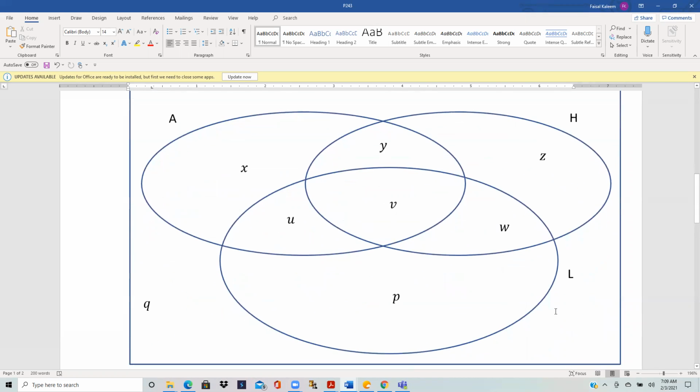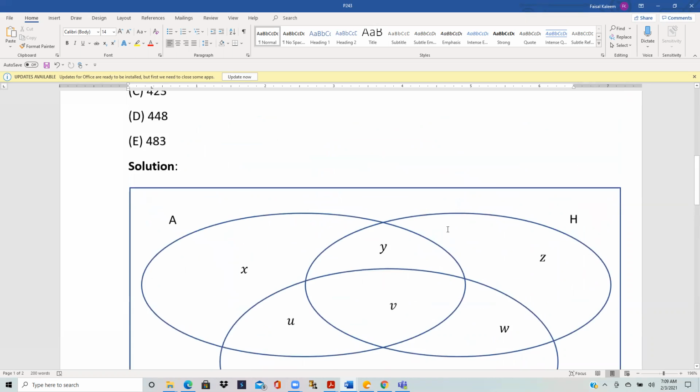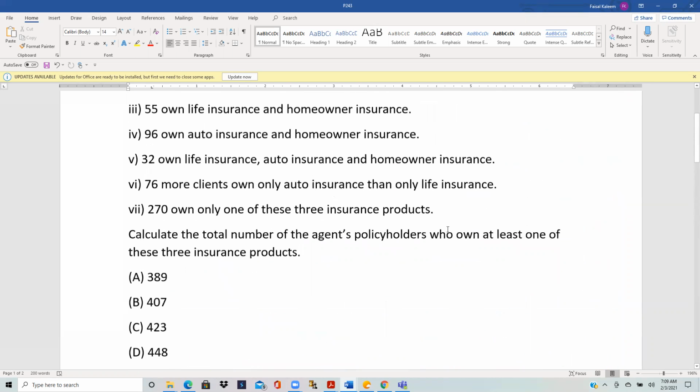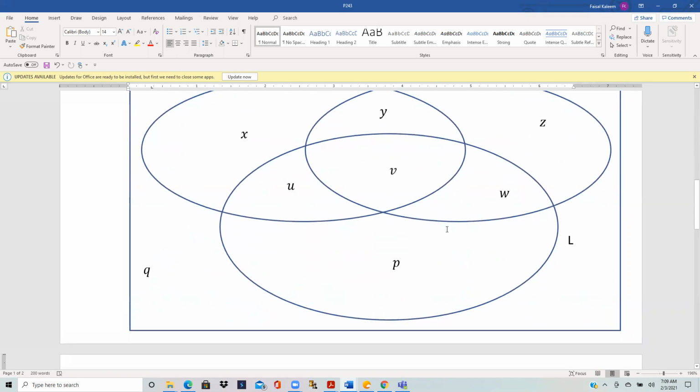So for life and homeowners, the intersection is this part, V plus W. So V plus W is 55.